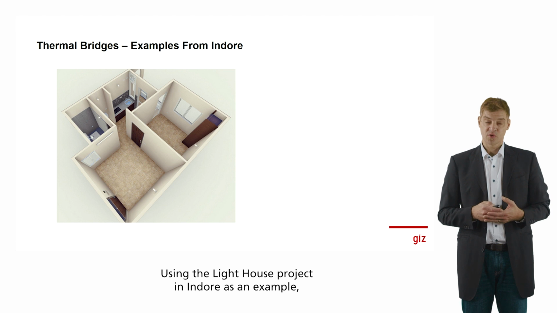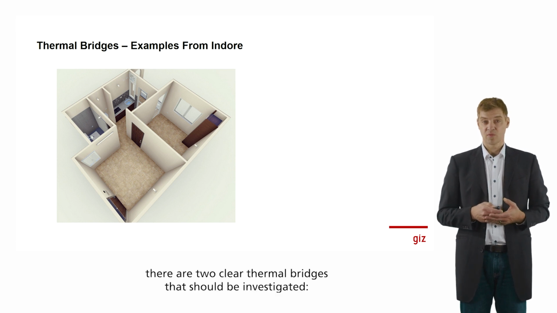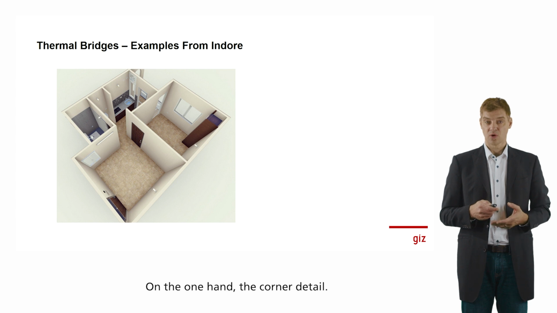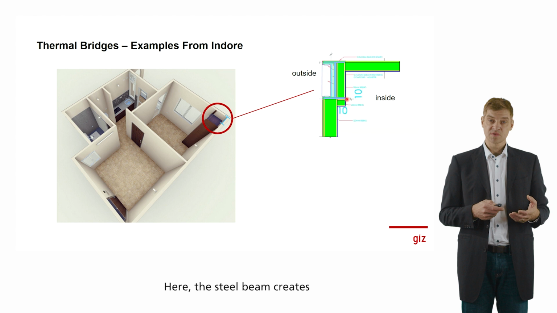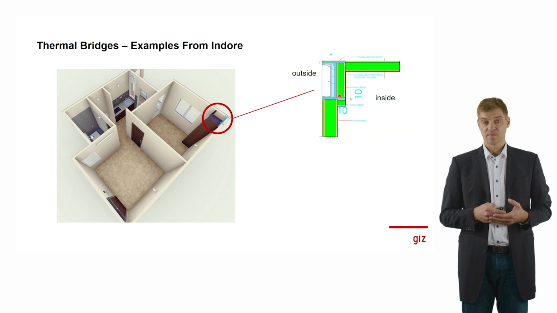Using the Lighthouse project in INDORE as an example, there are two clear thermal bridges that should be investigated. On the one hand, the corner detail. Here, the steel beams create a thermal bridge connecting the outside air with the inside air.